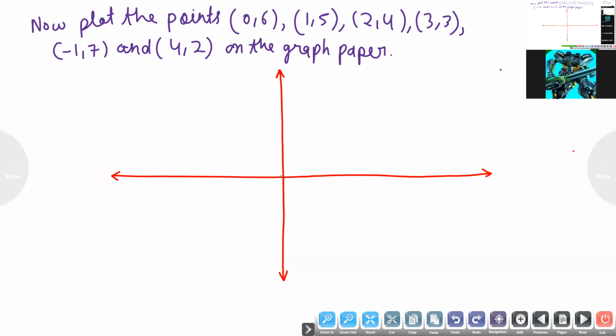This is 0, 1, 2, 3, 4. This is x, x dash, y, y dash.